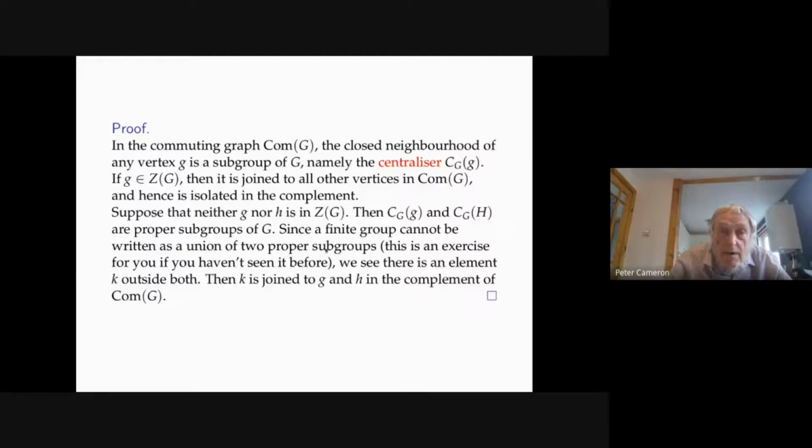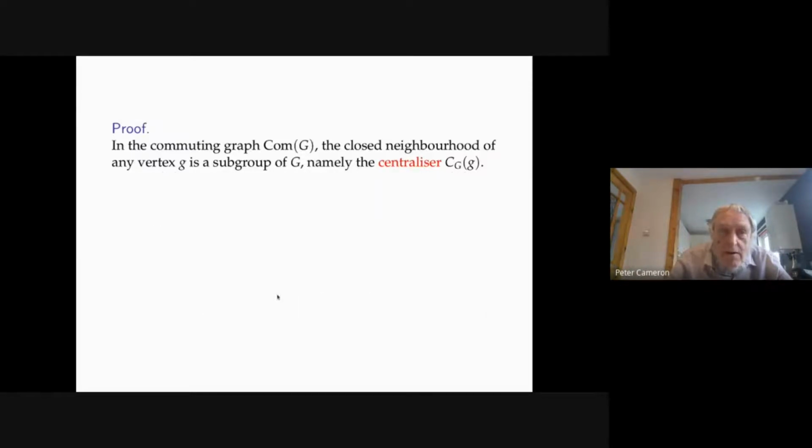And therefore, if these are two proper subgroups, there's an element k outside both. What does that mean? It means it doesn't commute with g and it doesn't commute with h. Therefore, it's joined to both g and h in the complement of the commuting graph. So whatever two vertices we chose not in the center of G, there was a path of length 2 joining them in the complement of the commuting graph. So that proves the theorem that I stated back here.